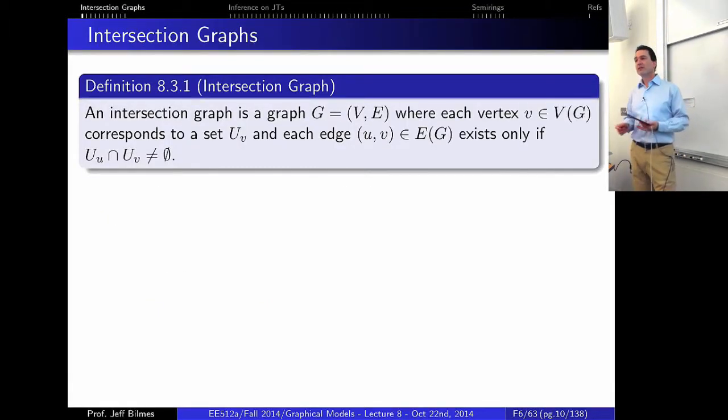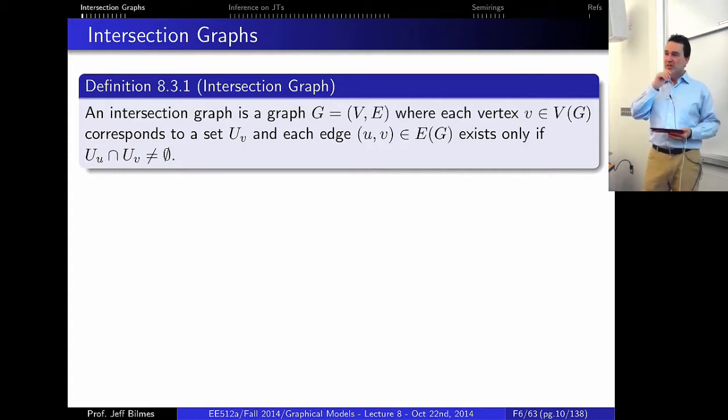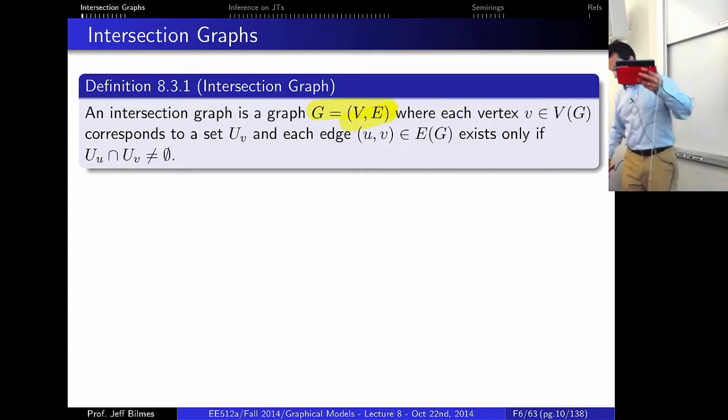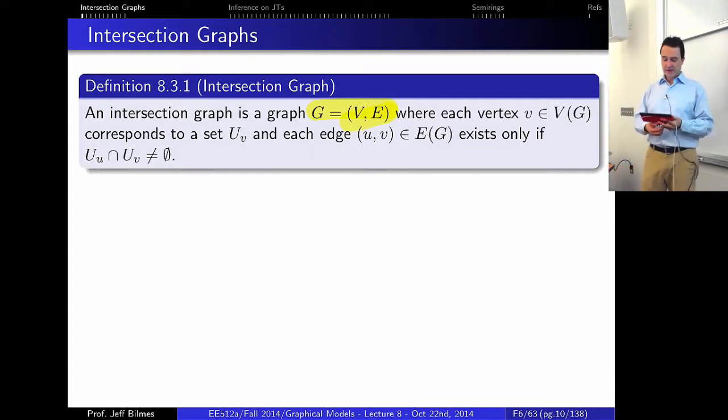Okay, so last time we talked about an intersection graph. The basic idea is the following. You start with the original graph, with a set of vertices and a set of edges. Then for each vertex in the set V, we have some set, U sub V. U sub V is a subset of some underlying large ground set U. But that ground set is not necessarily directly related to the set of original nodes or original edges.